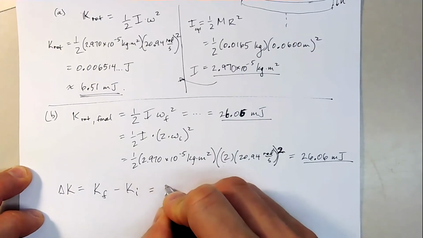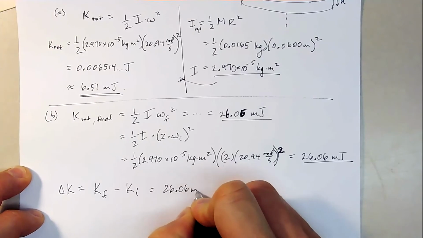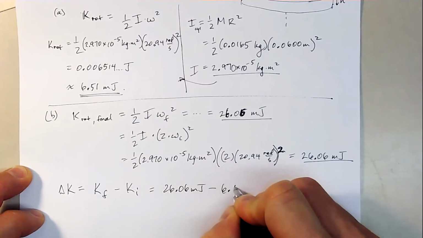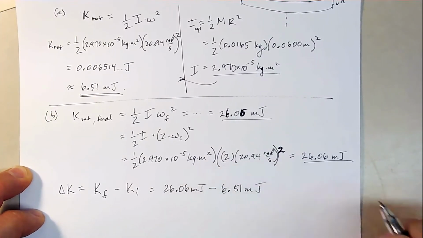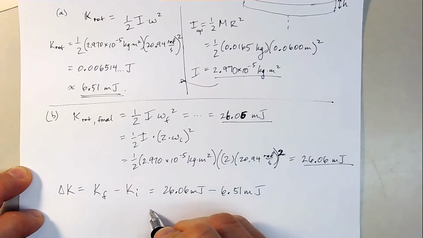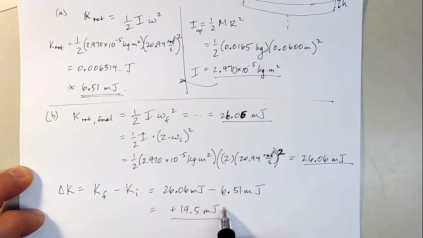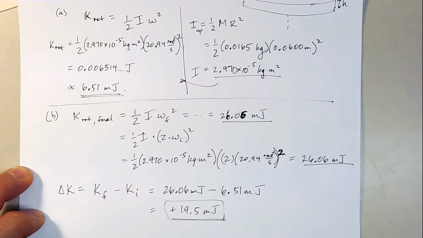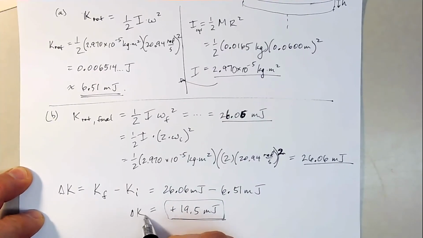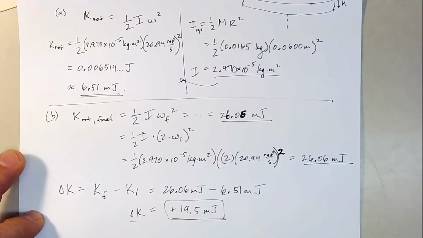Well, that's just going to be 26.06 millijoules minus the original 6.51 millijoules. And when I find out what that is, that's 19.5 millijoules, rounding to 3 sig figs. Okay. So that's the increase in kinetic energy as the object spins up.